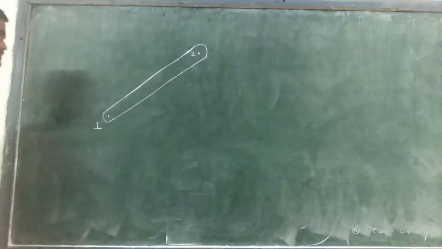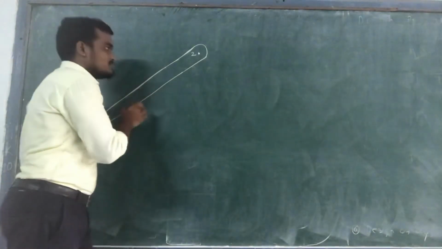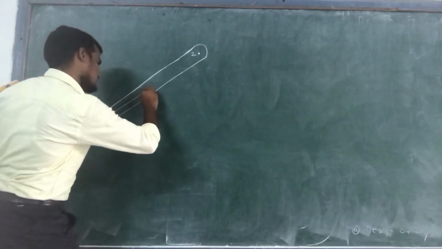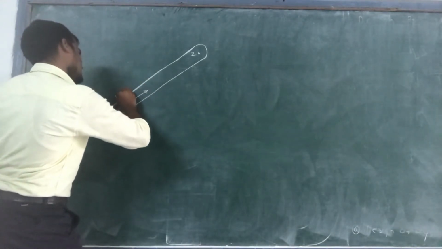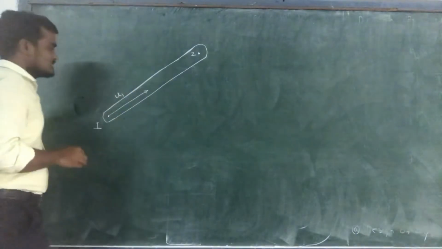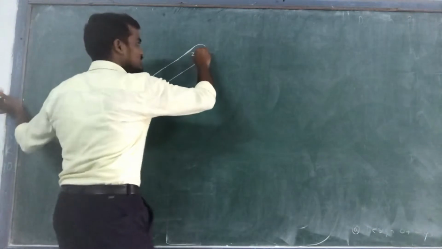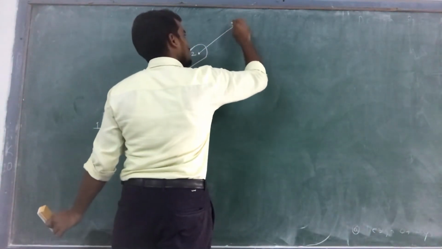As we know, the axial displacements will be occurring in this direction only. Suppose this is your U1. U1 is the axial displacement occurring at node 1. U2 is the axial displacement occurring at node 2.